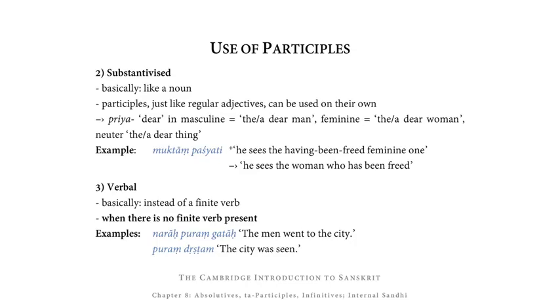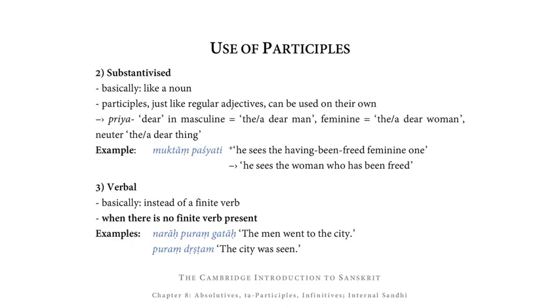So, for example, if I have a sentence, narach purong gatach, then narach, plural men, purong, city, to the city, gatach, having gone, in the plural to agree with narach, then I cannot just translate this as the having gone to the city men, but rather I need to see that no, this is a complete sentence in itself, and the participle gatach, having gone, needs to be translated into English as a full finite verb, and so narach purang gatach would not be the having gone to the city men, but the men went to the city.